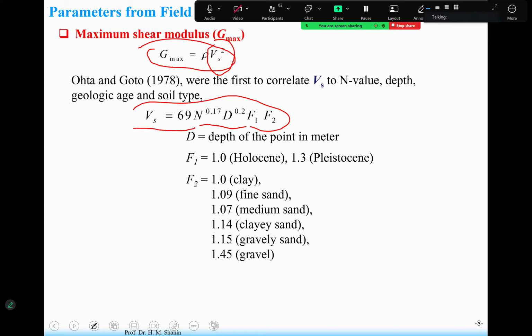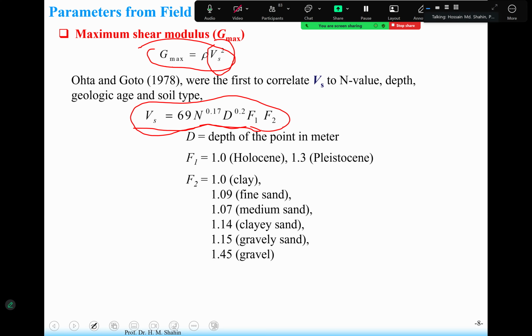There is another equation recently proposed by some professors of Turkey. They proposed one equation considering more than 1,000 data in Dhaka metropolitan. The study was done by World Bank under Raju. So they proposed one equation for our soil. Previously we did not have any equation.